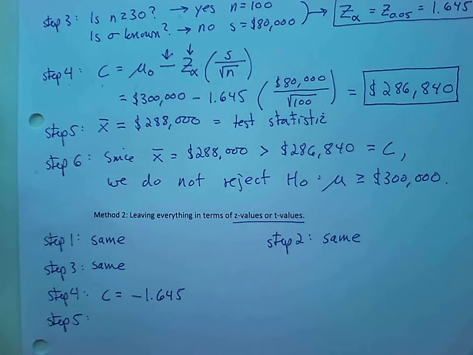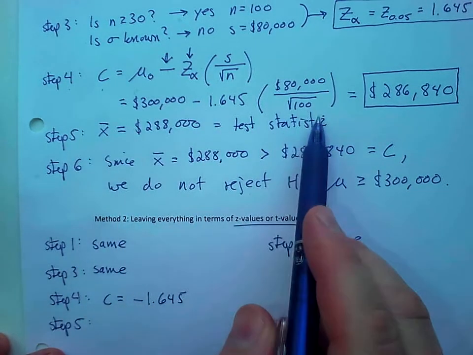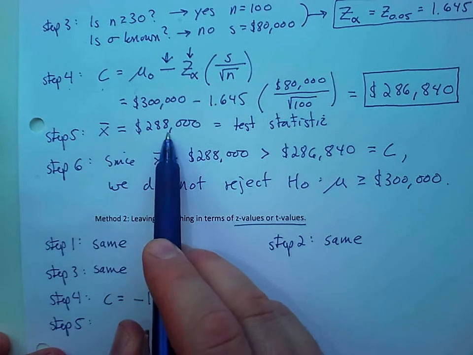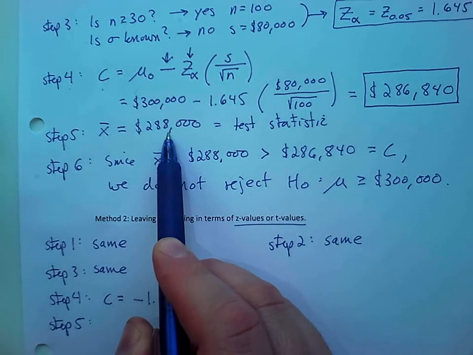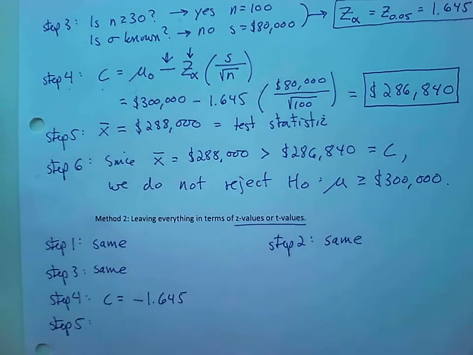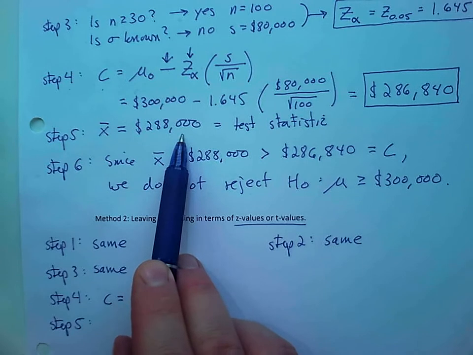What changes about step number 5? Well, in step number 5, above, we looked at our test statistic, and our test statistic was X bar, and that was in dollars. We just left it at that because we were trying to leave stuff in terms of dollars. But now we don't want to have stuff in terms of dollars. We want to convert this to a z value.